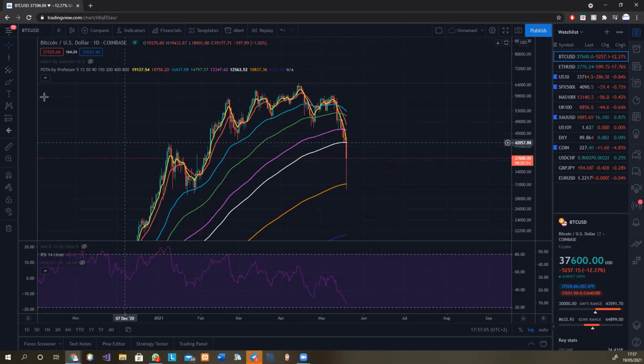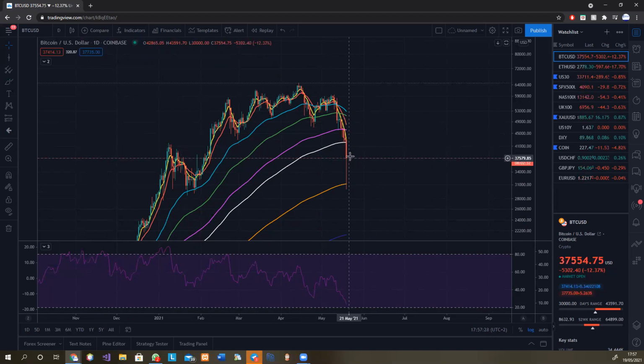Right now, the next thing I'm saying is my exponential moving averages act as support and resistance to the market. That means price is right now at 37,000 US dollars, Bitcoin price. The white exponential moving average here is acting as a resistance to this price level.